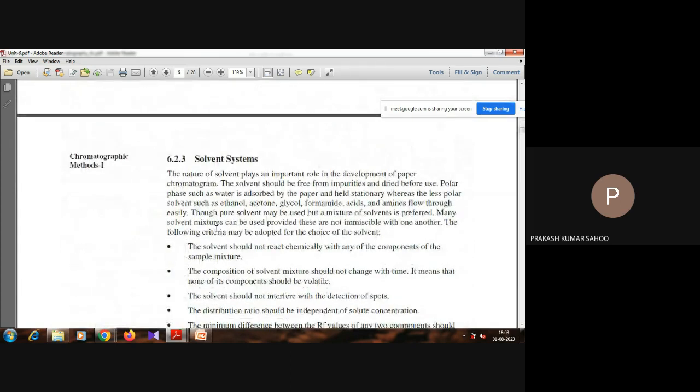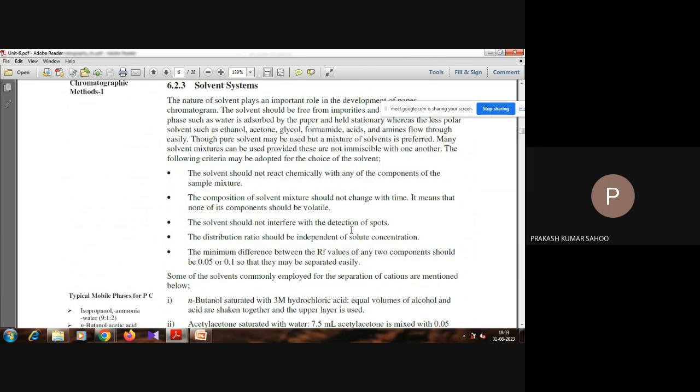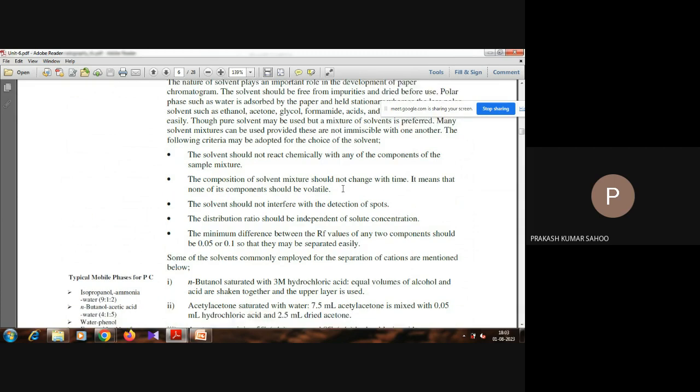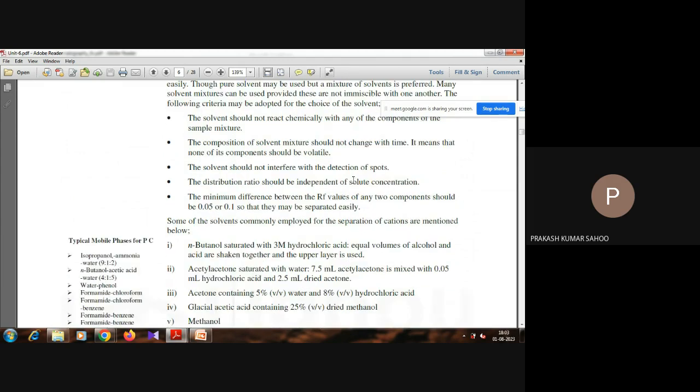Then we will have the solvent system. What solvent system do we have to select for this paper chromatography experiment? The solvent should not chemically react with the components of the sample mixture. The composition of the solvent mixture should not change with time.